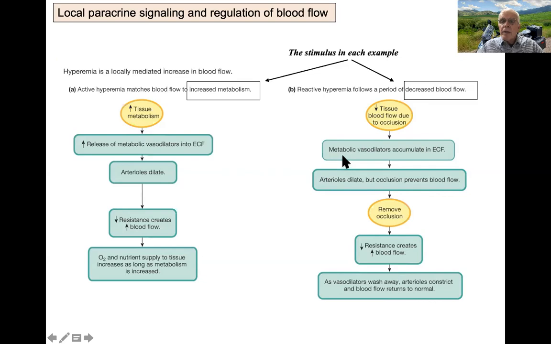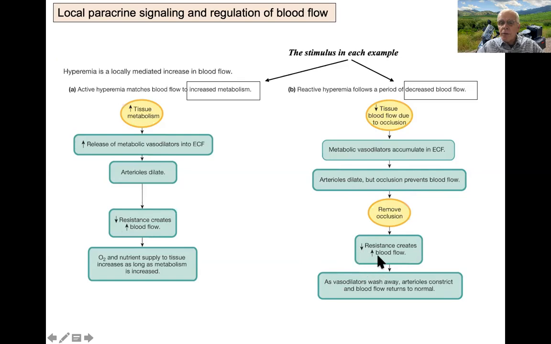You'd have metabolic vasodilators being produced, similar to what was done over here. This is kind of artificial here, though. This will cause the arteries to dilate, but occlusion prevents blood flow. Then if you release the pressure of the blood pressure cuff, there's decreased resistance.